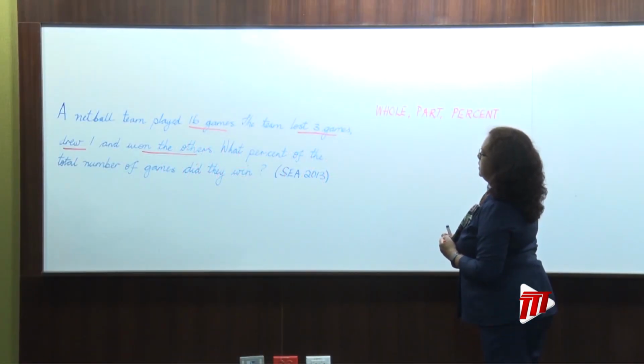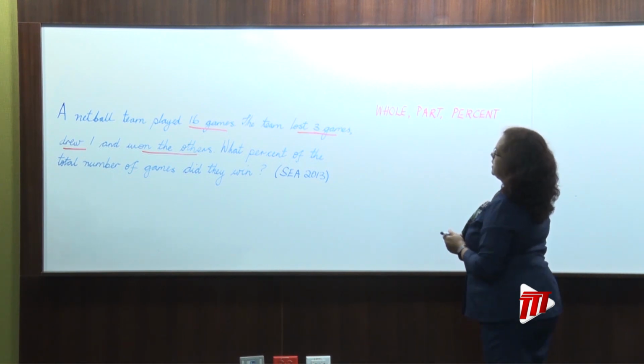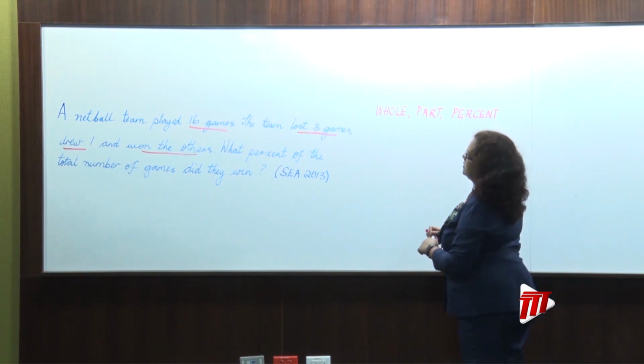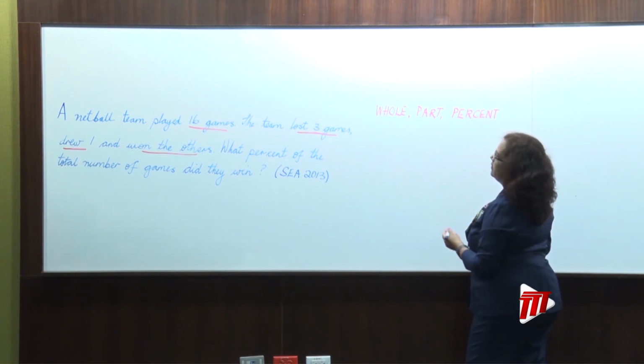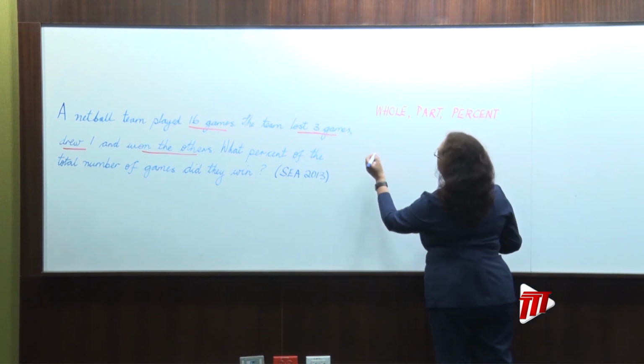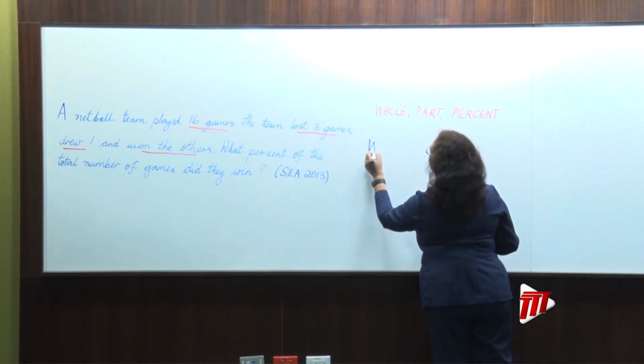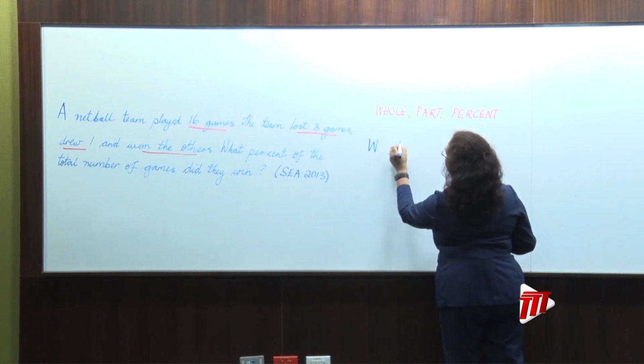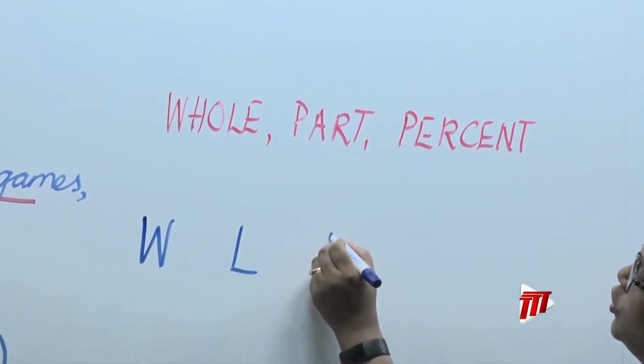Okay, so let's see what we have. We know that there are a total of 16 games played. So I could make a very small table. Out of those 16 games, we know that some were won, some were lost, and some were drawn.